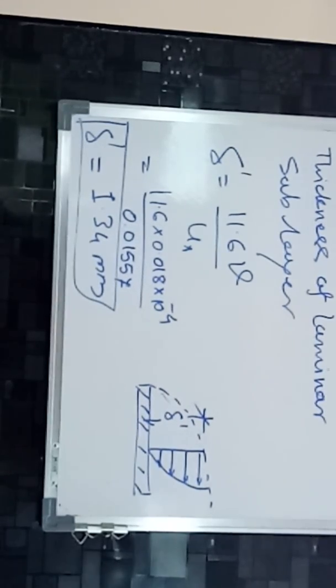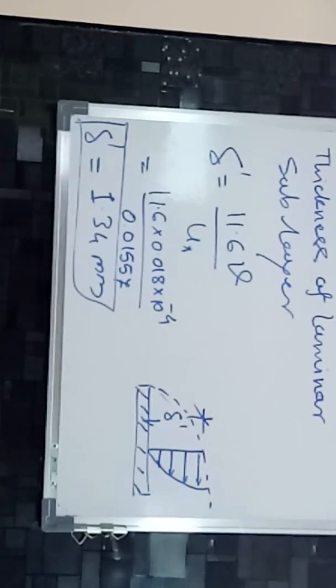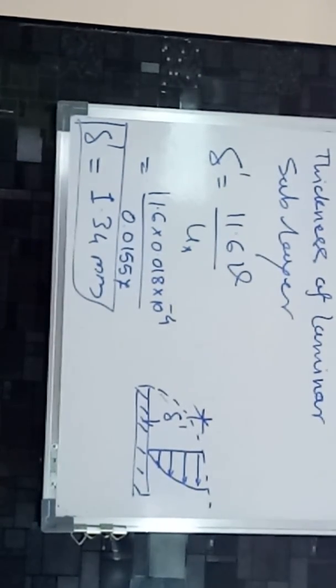Next, we'll solve another problem. In a pipe of diameter 100 mm, the centerline velocity and the velocity at a point 35 mm from the center as measured by the pitot tube are 2.7 meter per second and 2.4 meter per second respectively.